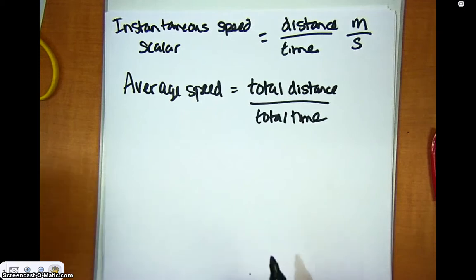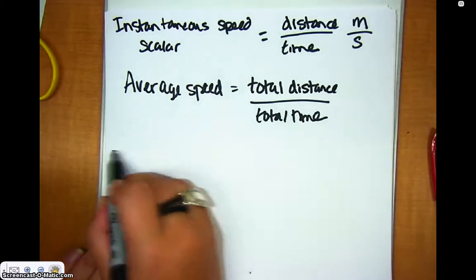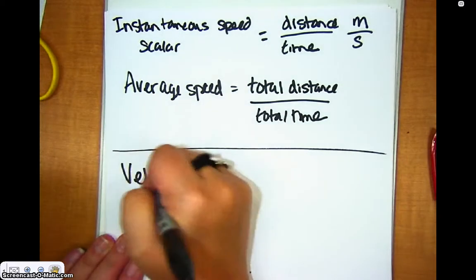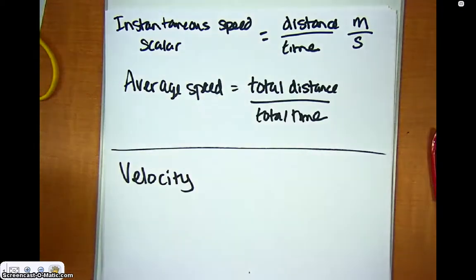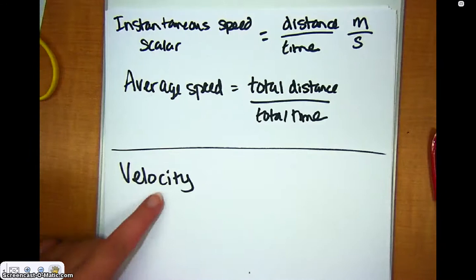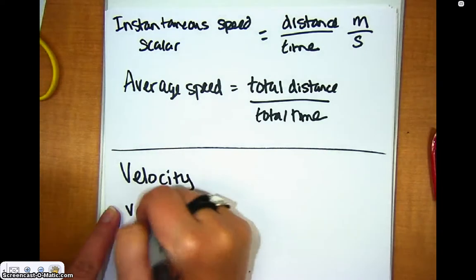So if we look at velocity, it is very similar. Those two terms sort of seem the same to us, okay? But there is a difference in physics. So velocity is a vector, okay?